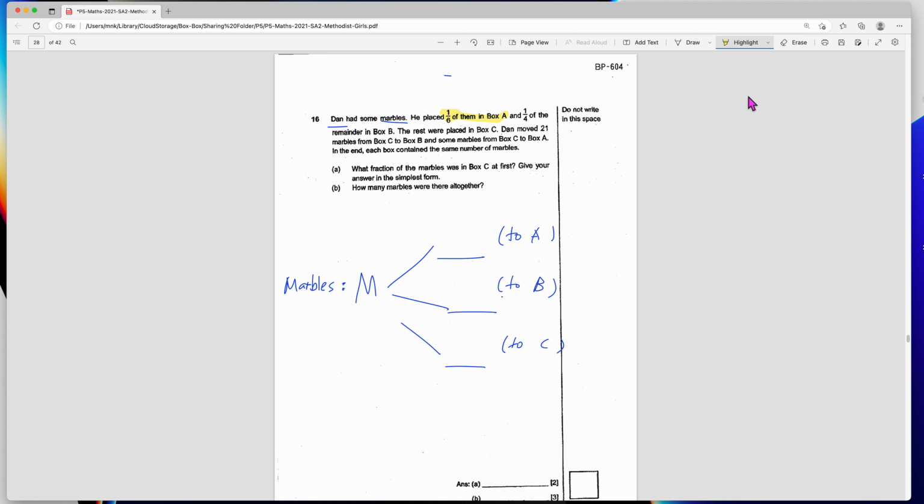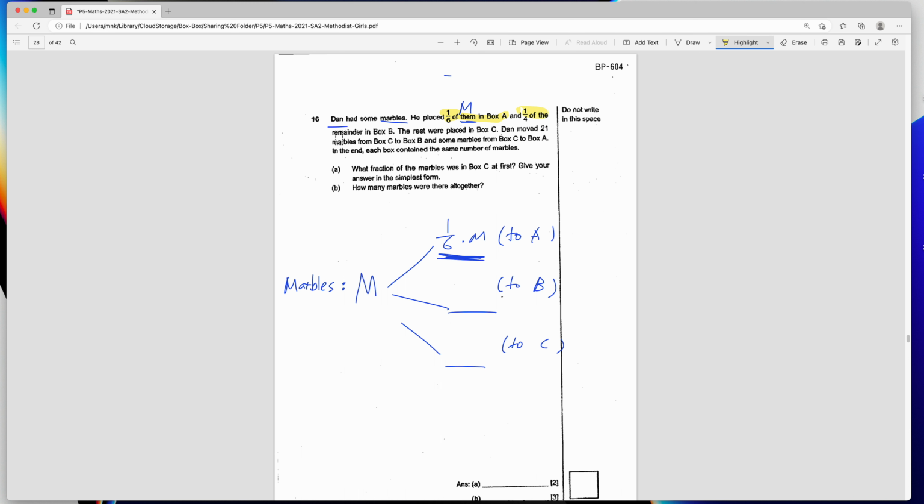Them means M. This them means what? This M. That means where? Which M? Okay, good. So basically you just write the M here. Right? So what's the math that you should put here? Very good.